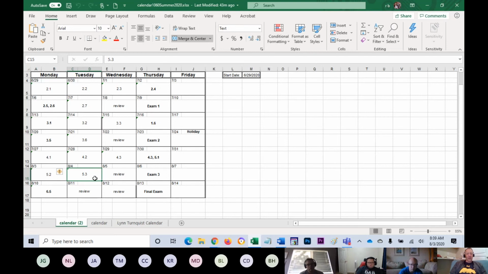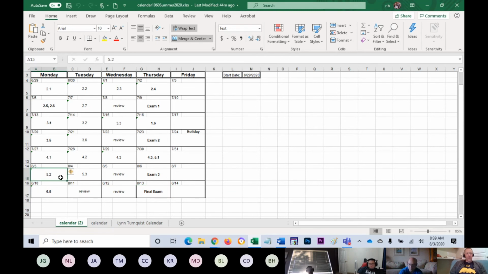Now, the benefit of that is basically we can cover everything for exam 3. So exam 3 will cover basically 4.1 to possibly 6.5. We'd still have a review day on Wednesday, but you'd be fully tested on everything. Then we could just have a review all next week and have our final exam on Thursday.